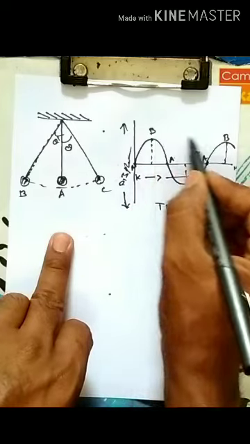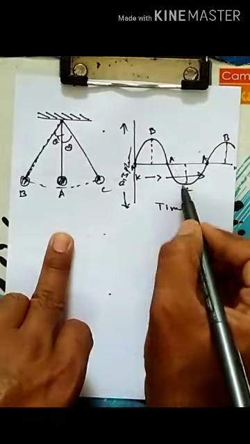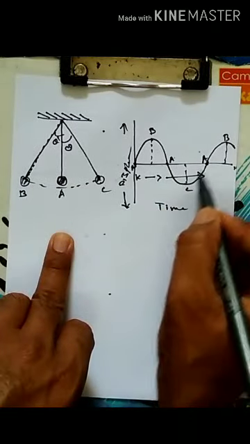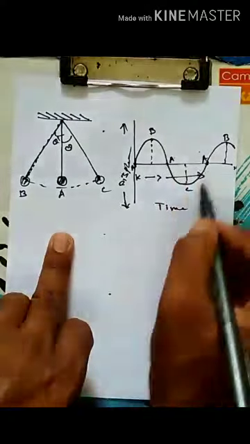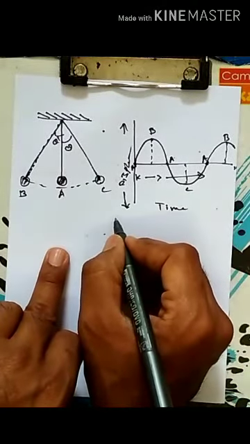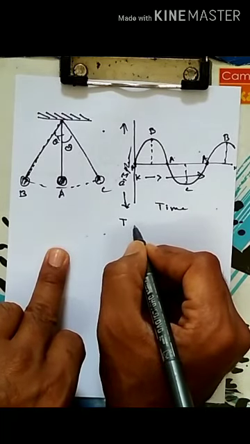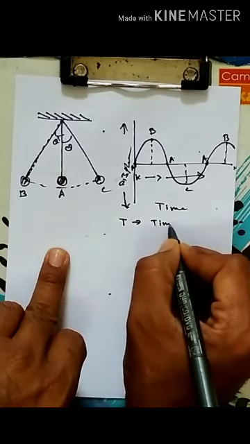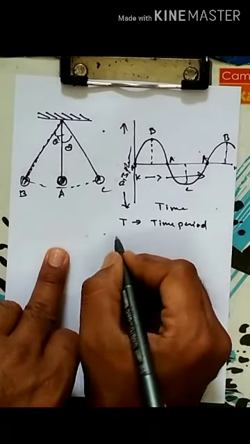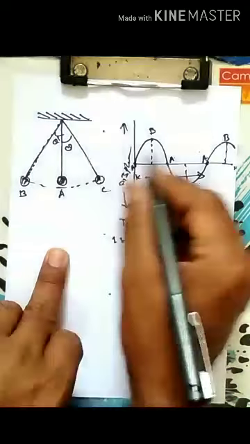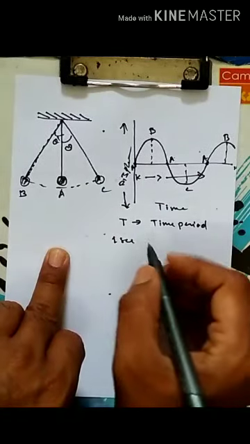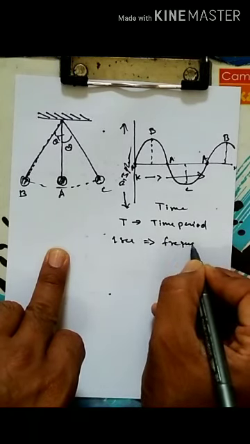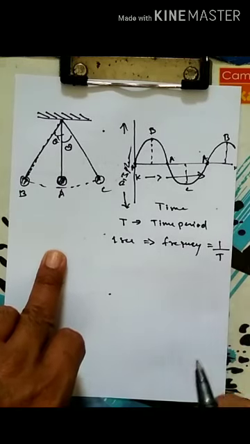The time taken for this complete cycle, from A, B, A, C, A, from this point to this point, is called the time period T. And within 1 second, the number of oscillations produced is called the frequency. That means it is 1 upon time period.